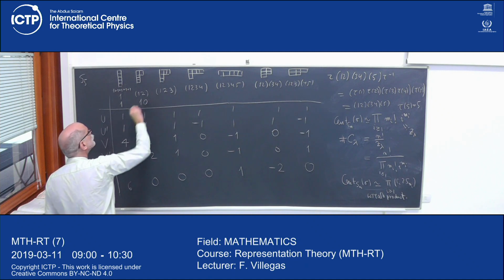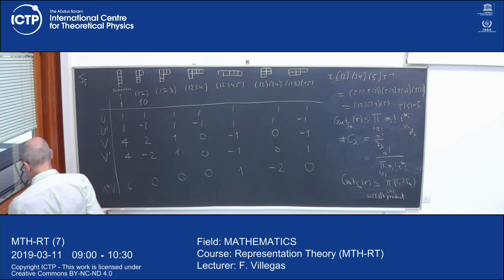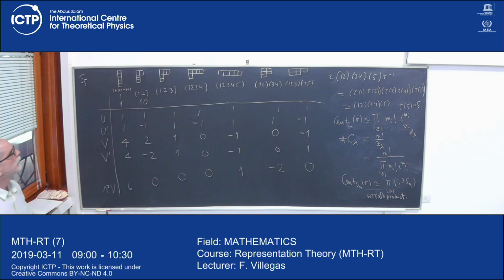If you have to give a 2 cycle, you just have to give which 2 elements are in there, and then you can order them in any way you like. So it's exactly the same as the number of subsets of size 2.